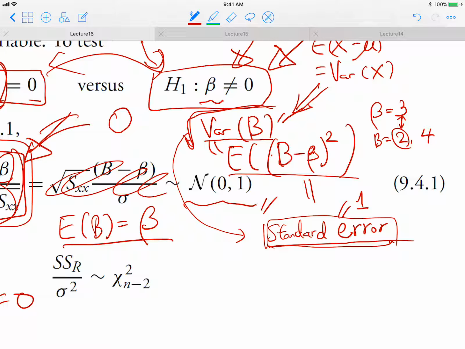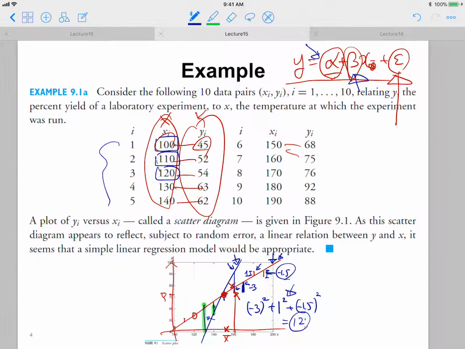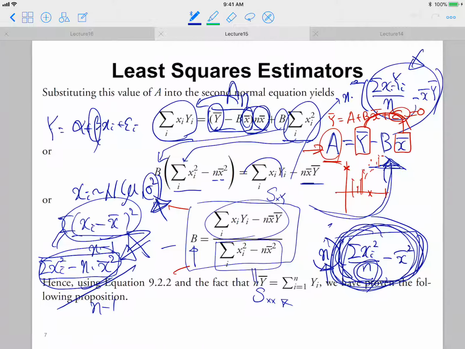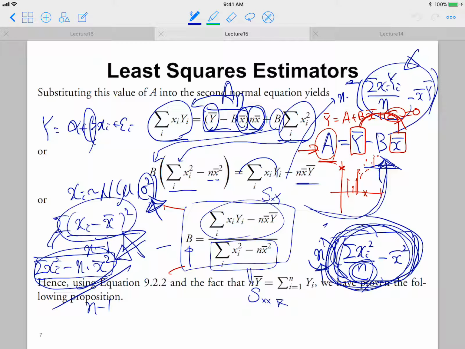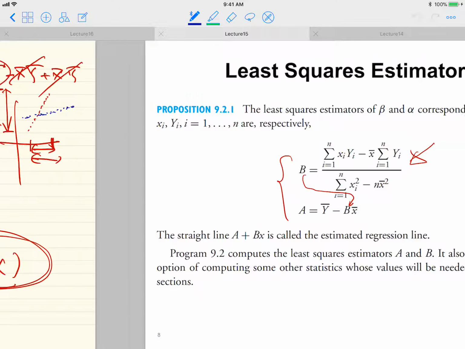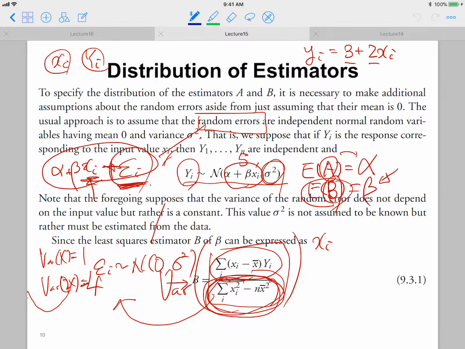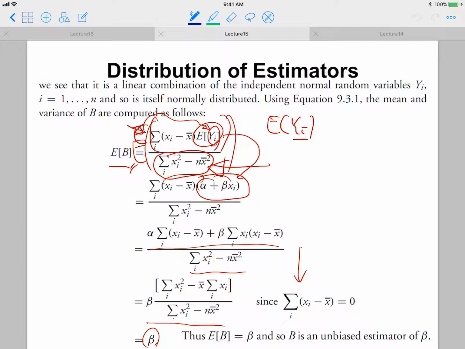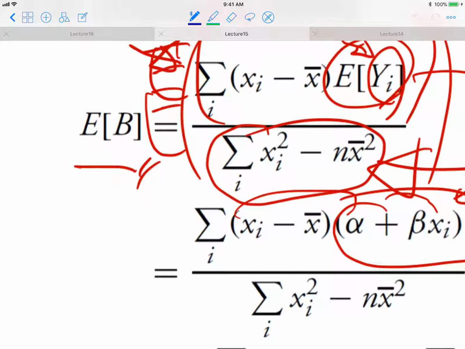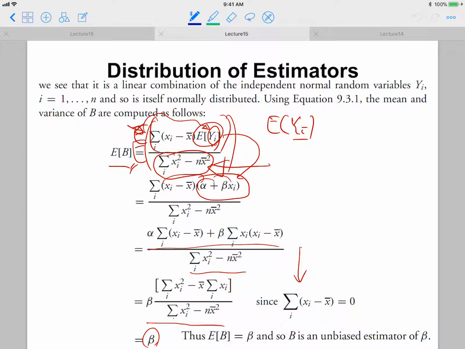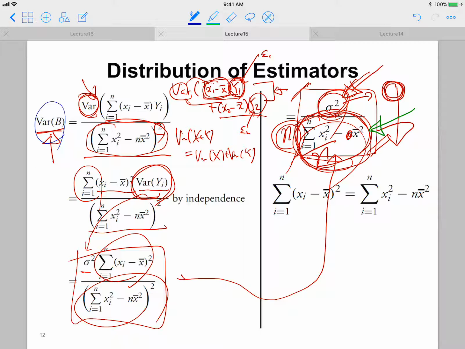Okay, then I believe we derived the variance of B, right? So let me just find it. So overall in this chapter we derived this expression for B and A, and then considering these estimators, we considered their expectation and also the variance, right?